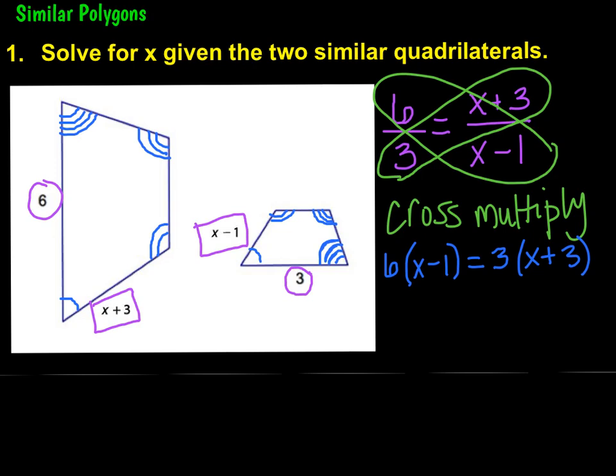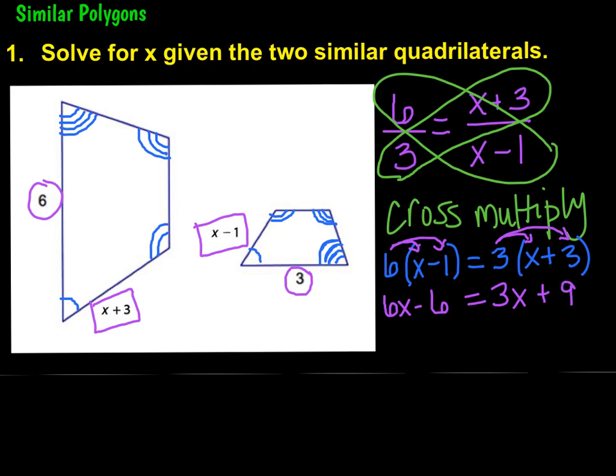Now once you cross multiply, you have an equation that we need to solve, and the first step would be to distribute. So we distribute, and that gives us 6x minus, don't forget to multiply that 6 into both numbers, so 6 times x and 6 times negative 1 gives us 6x minus 6 equals, and we need to distribute that 3 into both numbers, so it would be 3x plus 9.